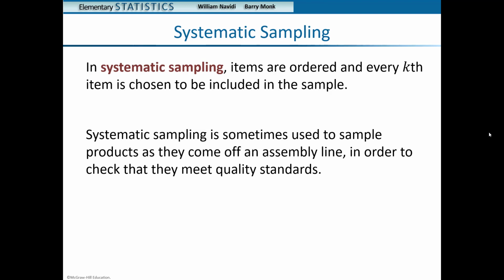But basically, if your population items are ordered in some way, then with systematic sampling, it would be like selecting every kth item, whether that's every 5th item or every 10th item would be chosen to be included in the sample, right? So systematic sampling is sometimes used to sample products as they come off an assembly line in order to check that they meet quality standards. So that's a common application of systematic sampling.